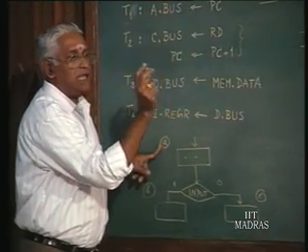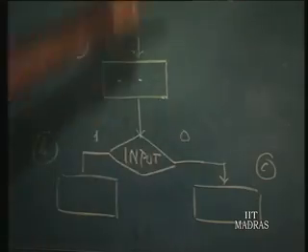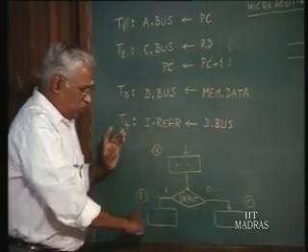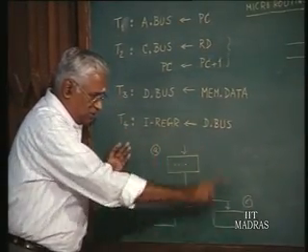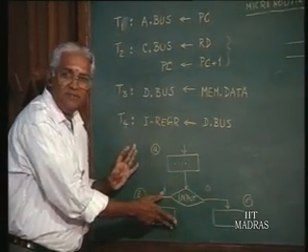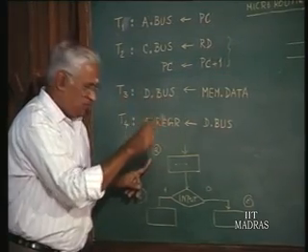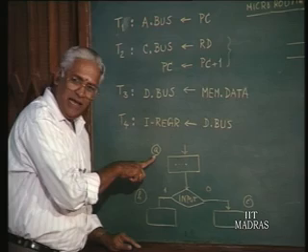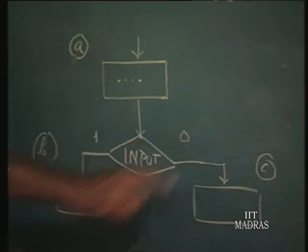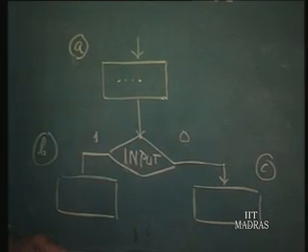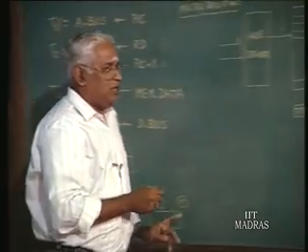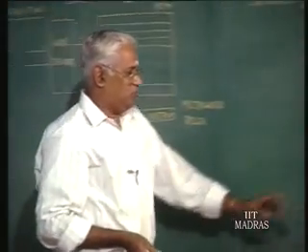If I use that memory to implement this ASM chart, then by looking at the memory I can say it is in state A or state B or state C. The clock is the input to that.